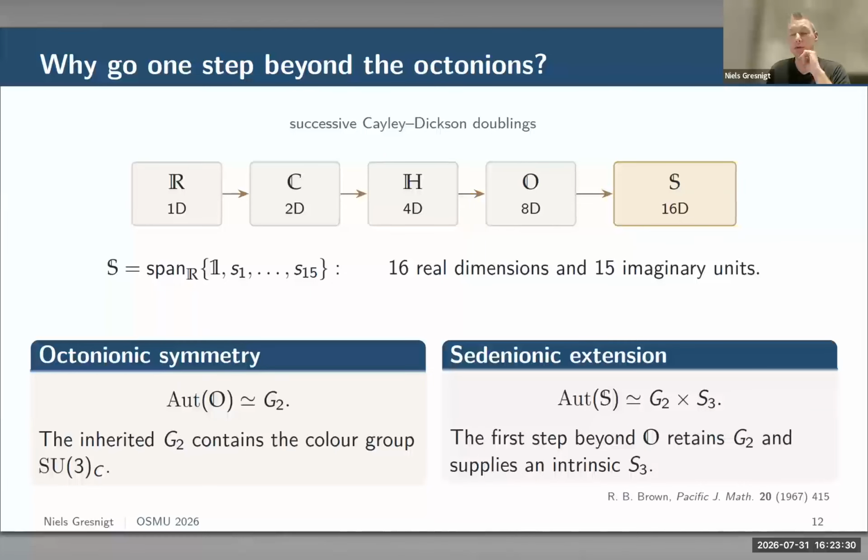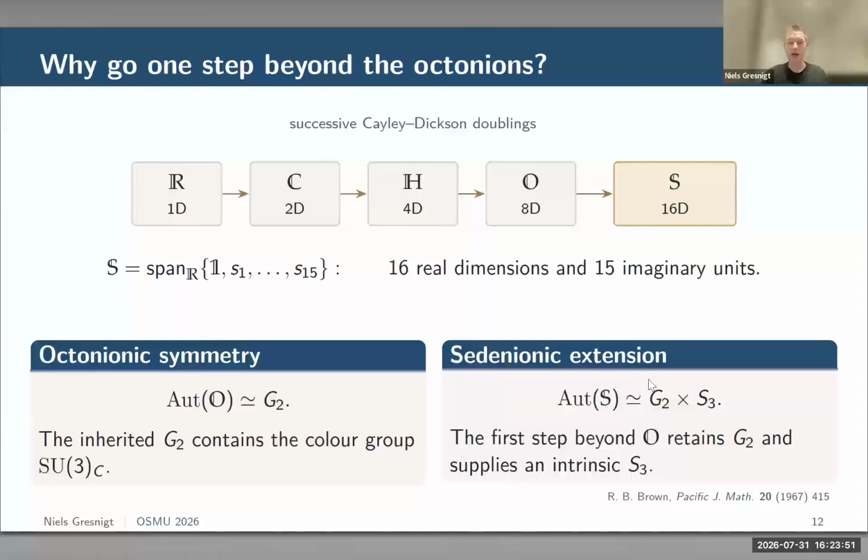But if you look at what happens to the automorphisms of all these algebras, once you get to the octonions and beyond, the derivation algebra for all of them is always G2. And the only additional structure that you seem to get is factors of this discrete group S3.